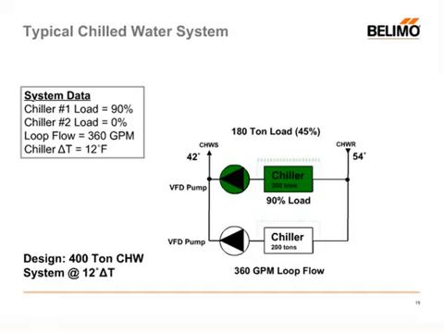Again, they're inversely proportional. Because of the increased flow, the second chiller has to come on to satisfy that volumetric flow requirement. And when you turn on the second chiller, you're running condenser pumps and additional cooling tower fans.